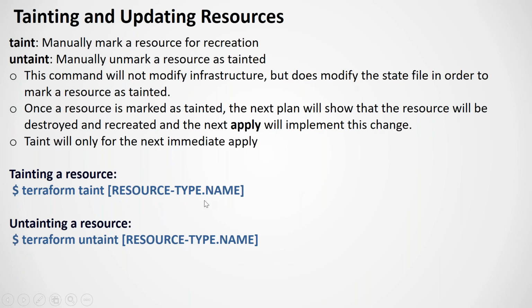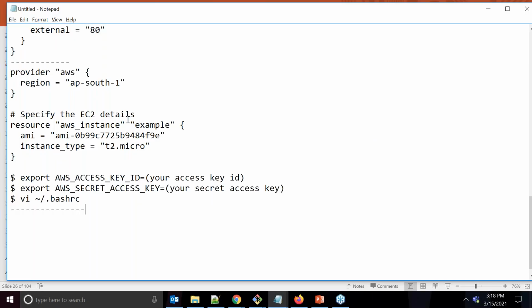Now this is where going forward, when you refer to a resource, we know that within the configuration for each resource, there is a resource block and then a resource name. So what you're going to do is you're going to identify the resource by saying resource type dot name. Okay. Now, for example, so let's say take this resource. If I want to refer, then I should say aws_instance.example.